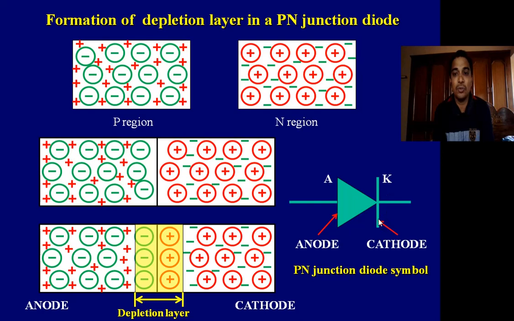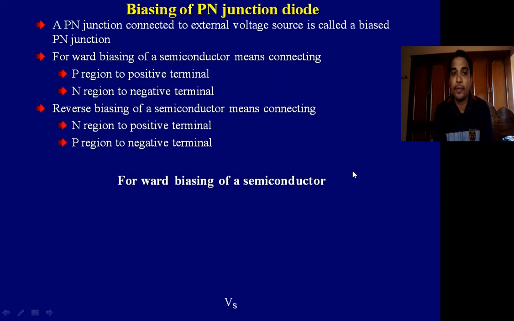This is the cathode, and this is the anode. The plate shows that from this direction you cannot make conduction, while from the anode direction you can do the conduction process. This is the diode symbol, and this is the voltage across the diode, VAK, the anode to cathode voltage.